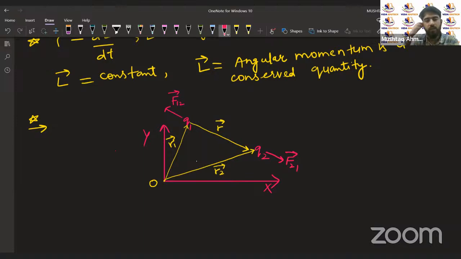And we know that in vectors the direction is given by the unit vectors, right? And let's suppose that the unit vector along the line joining the two charges is r cap. This is a unit vector along the line joining the two charges.